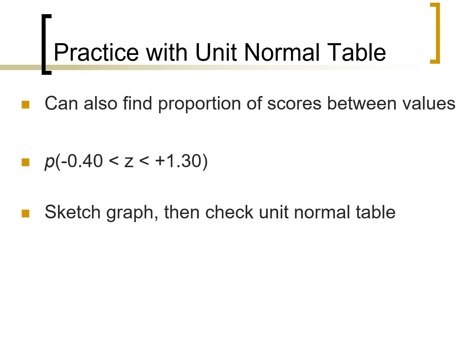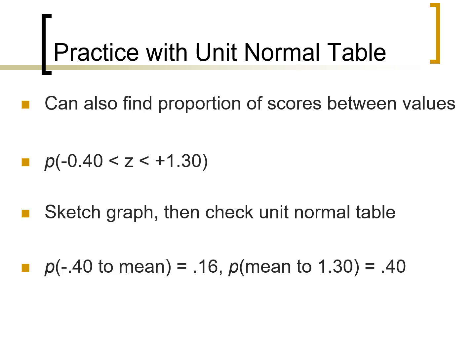Then the question is, what do we need? Proportion in the body, proportion in the tail? That's not quite going to do it. We're actually going to need to find our mean to z. So we need to find the mean to z of 0.4. And look at this in your table, and you can find that that is 0.16. And then mean to z on the other side, mean to 1.3, we find that is 0.4. And then we add those two probabilities together to fully answer the question posed here.